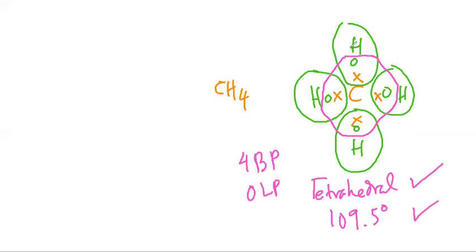How about a molecule of BH3? Let me write it here. B is in group 3, so there will be 1, 2, 3 valence electrons of boron. And then I also have 3 hydrogens, so 1, 2, and 3.